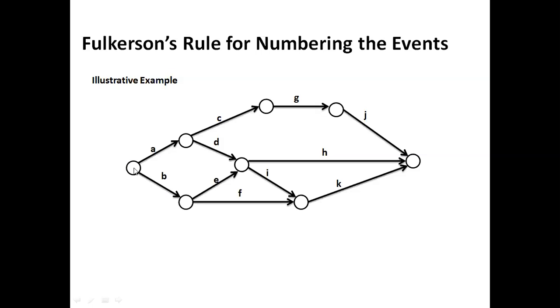So this is considered the initial node, and you have to give number one to this. Okay, let us give number one to this, and after giving number one to this initial node, the next step as per Fulkerson's rule is we have to delete all the outgoing arrows from this numbered event.